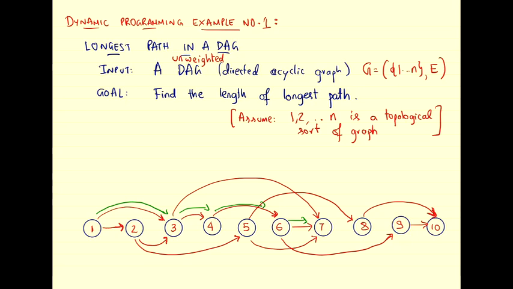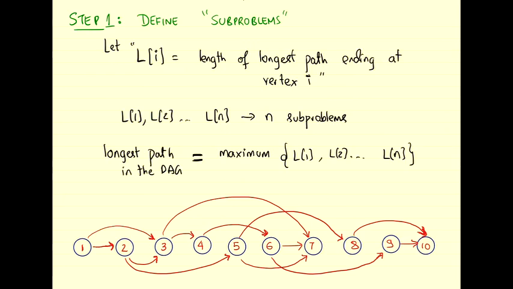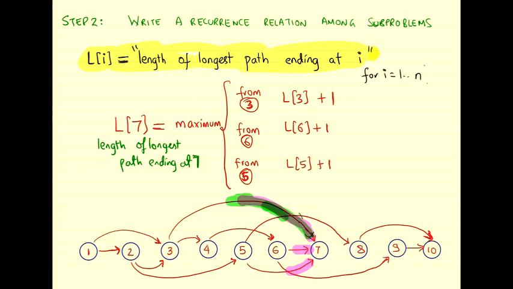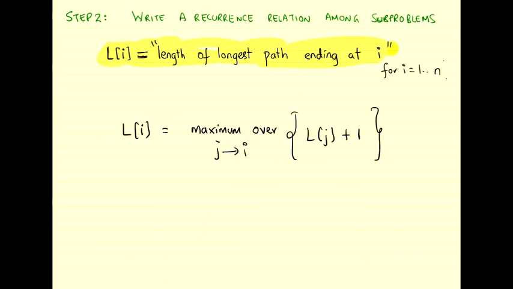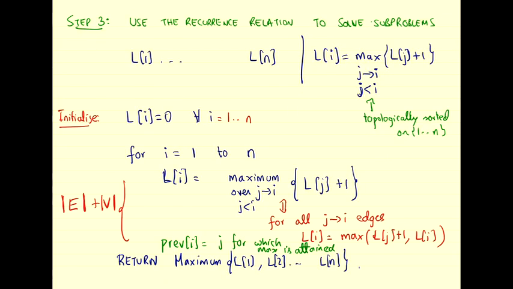And we saw that there's a recipe to design the algorithm. We define some subproblems, which are smaller instances of the problem, and we write a recurrence among these subproblems, and finally, we use the recurrence relation to solve the subproblems in a particular order, and we wrote code for that. So that's what we did last time, for the problem of longest path in a DAG.